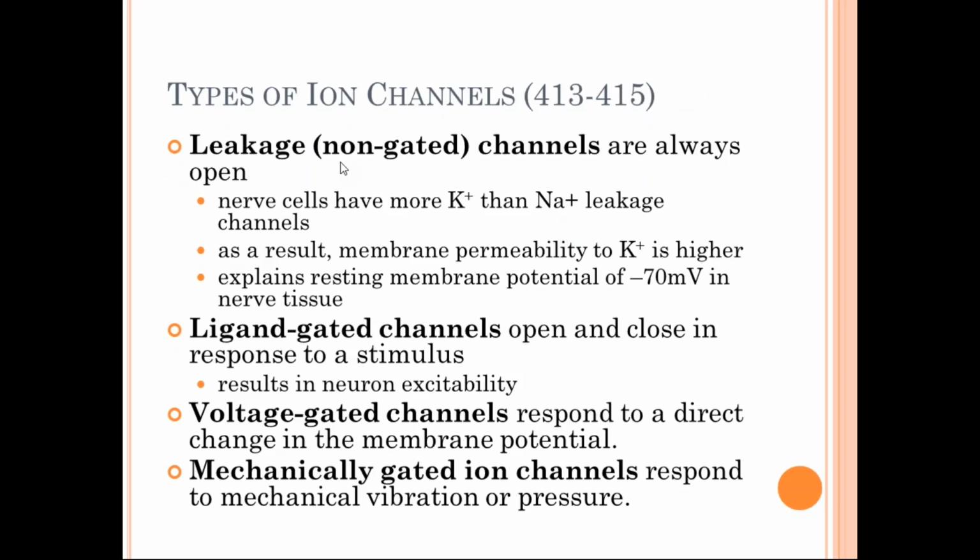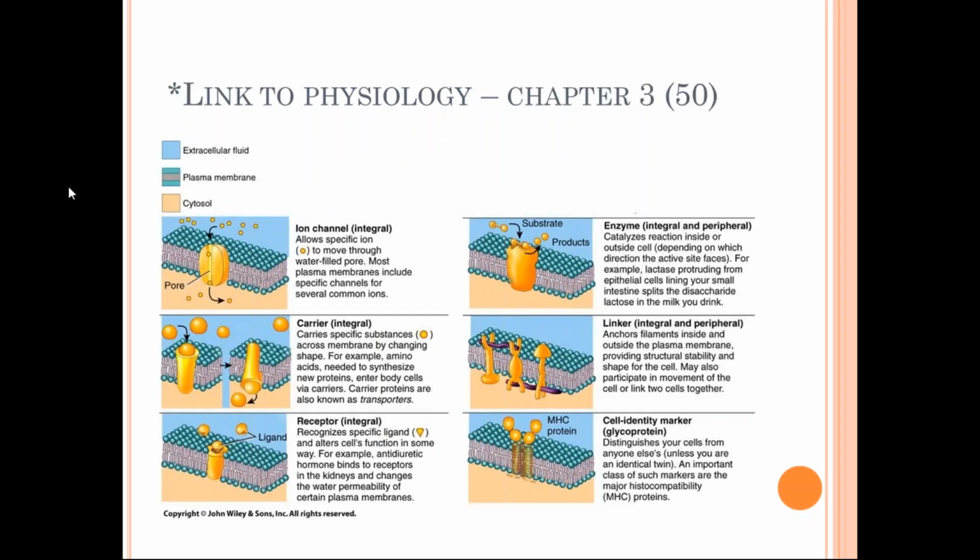We're just looking at the open or leakage channels, the chemically gated channels, the voltage gated channels, and the mechanically gated channels when we're talking about neurons. But we have lots of different proteins, if you recall, in the cell membrane.